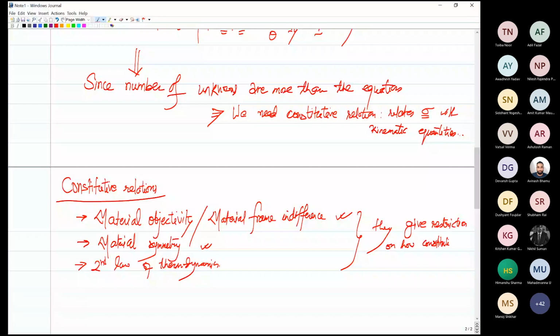So every constitutive relation must satisfy these three things.